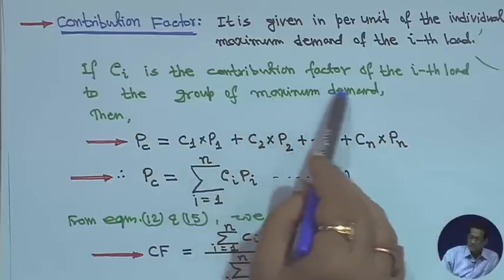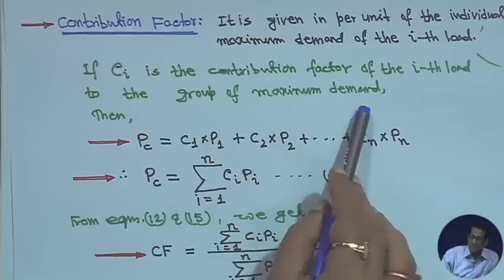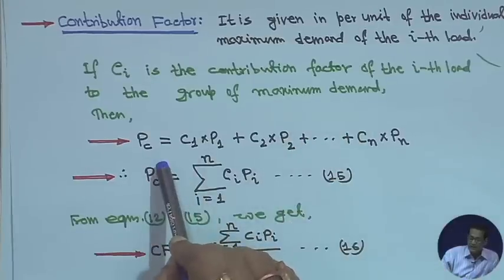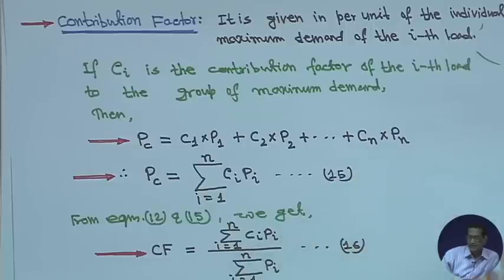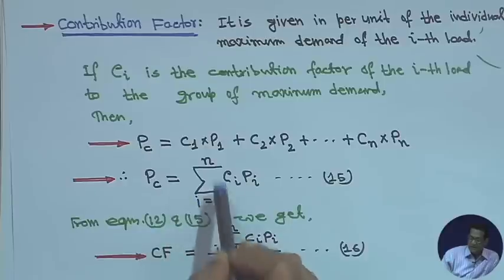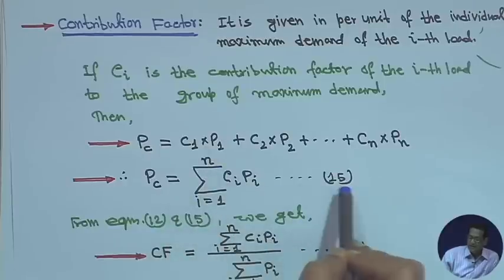If Ci is the contribution factor of the ith load to the group maximum demand, then Pc is equal to C1 into P1 plus C2 into P2 up to Cn into Pn. That means Pc is equal to sigma i equals 1 to n Ci Pi, this is equation number 15, right.